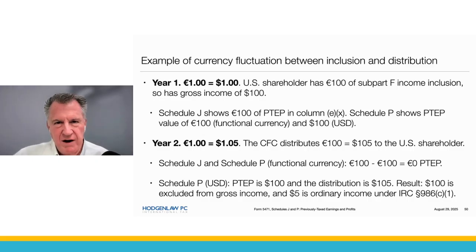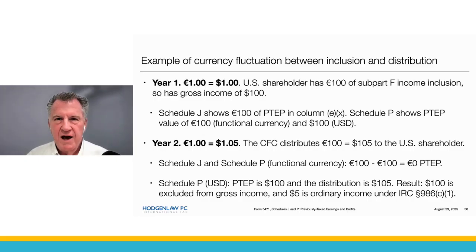It had PTEP of 100 euros, distribution of 100 euros, remaining PTEP is zero. Bingo. Schedule P at the top part on the shareholder side says shareholder had PTEP of 100 euros, received 100 euros, in functional currency has remaining PTEP of zero.